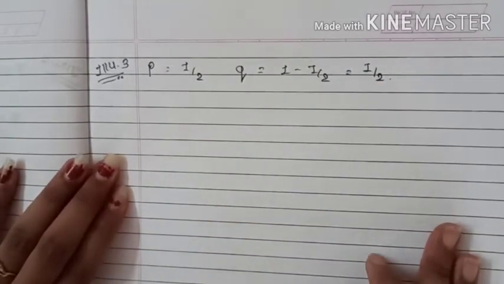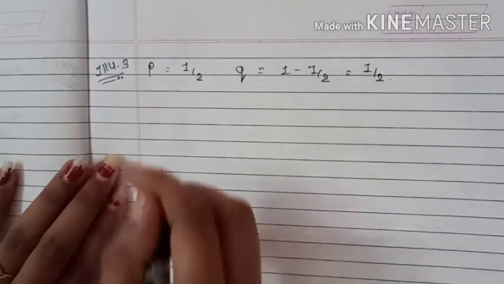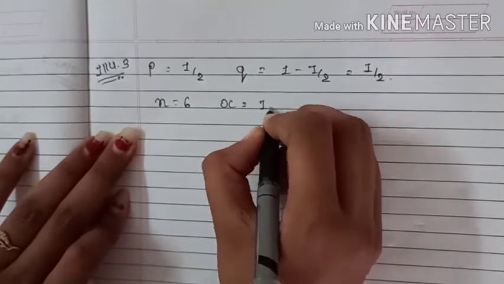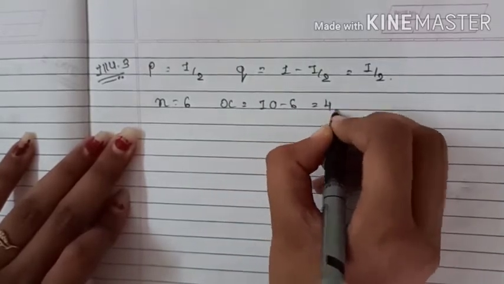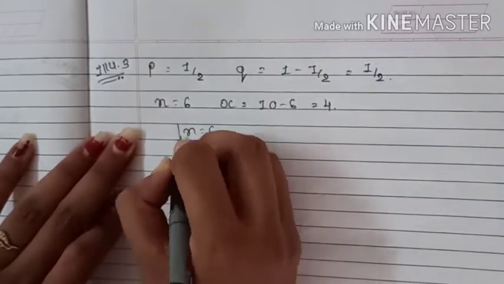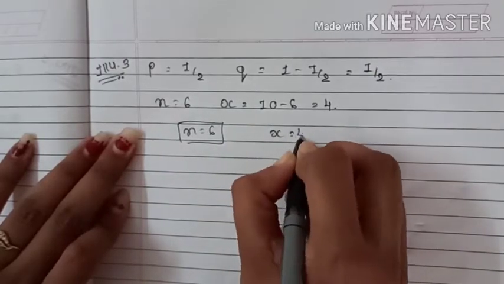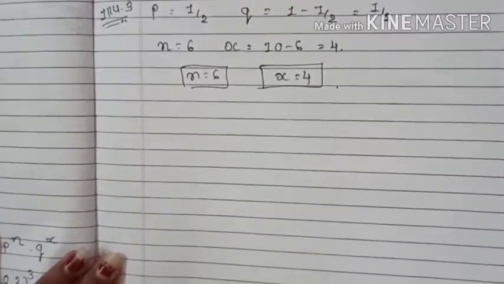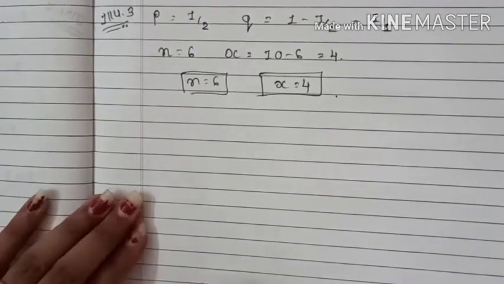He will get the sixth head at the 10th trial. So n will become 6. X will become 10 minus 6 is equal to 4. So n is equal to 6, x is equal to 4. Right? Let's directly apply the formula.